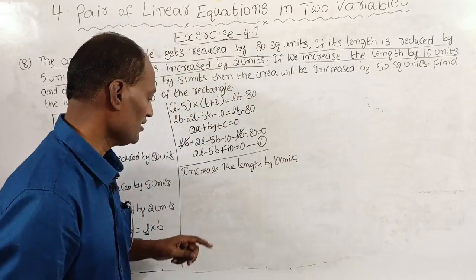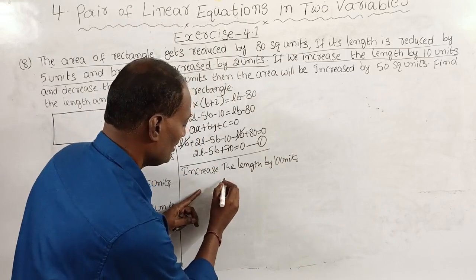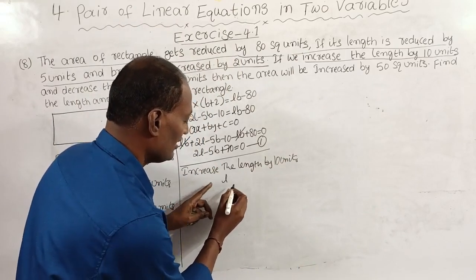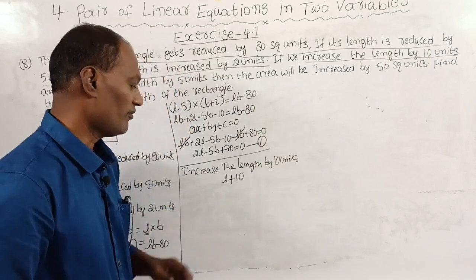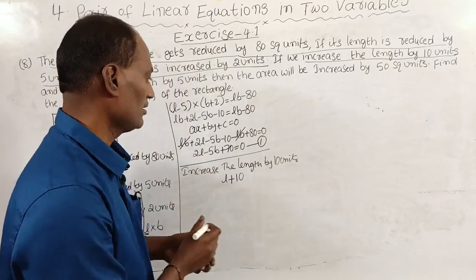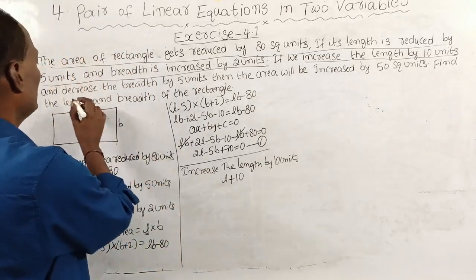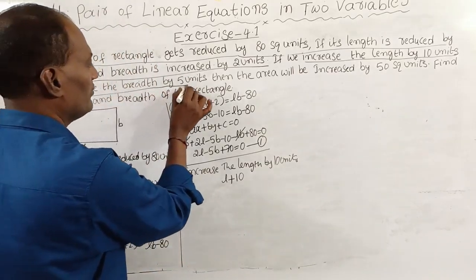Now how can you write this? Increase the length means length. What does increase mean? Plus symbol, 10 units. After increasing length, L plus 10. Next, decrease the breadth by 5 units.